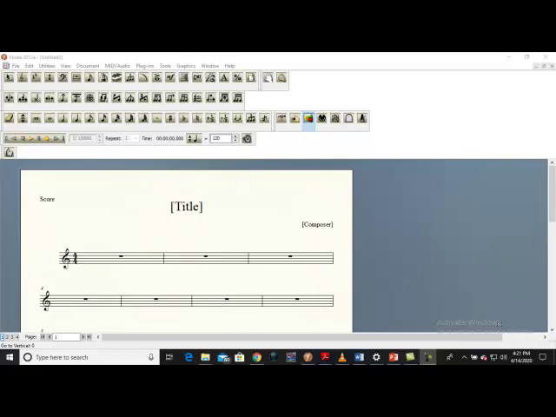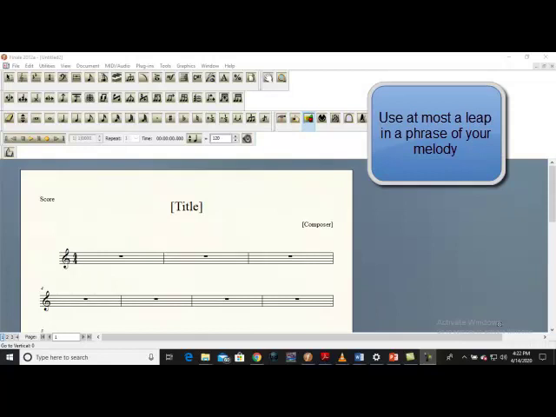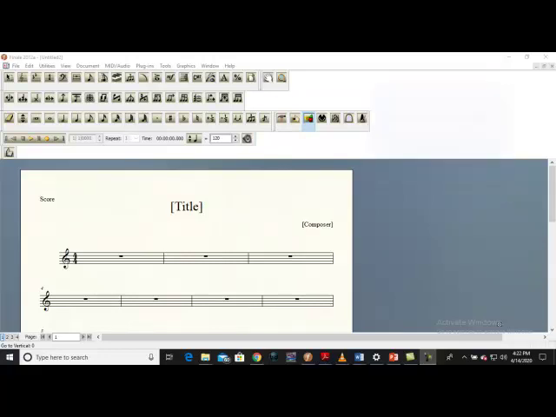Another rule is to use at most one leap in a phrase, in order not to make your melody feel jumpy. A leap is a big jump. From one note you move two or three notes away. You don't need that in your melody that much. It makes it feel jumpy and not settling.